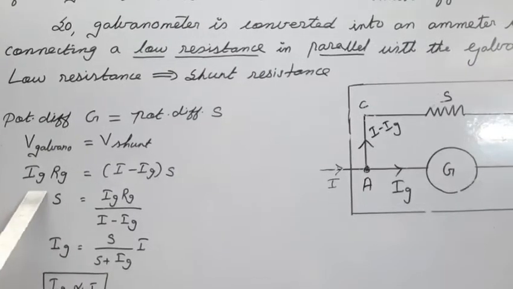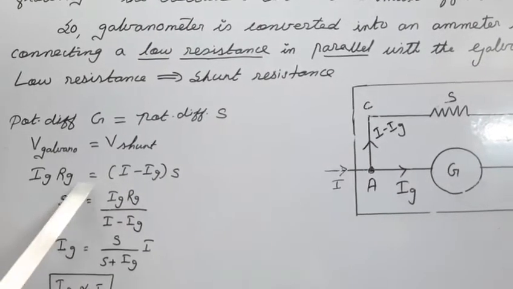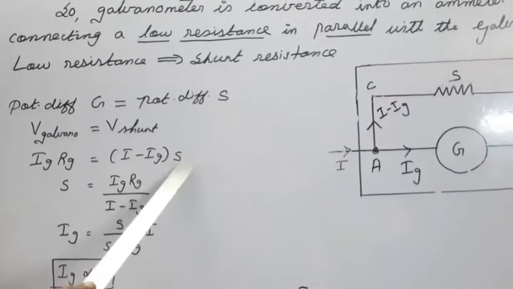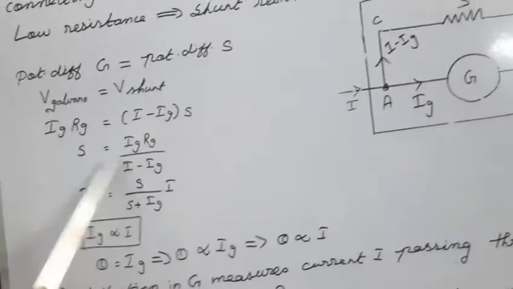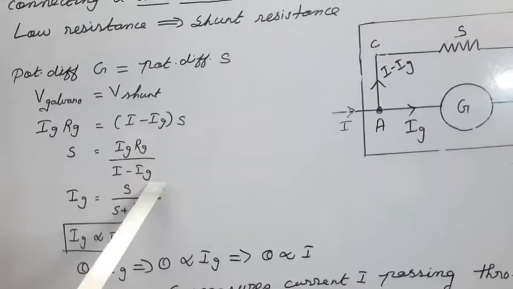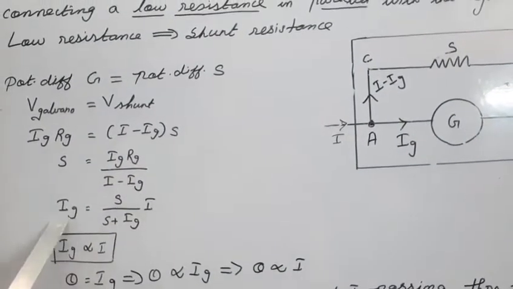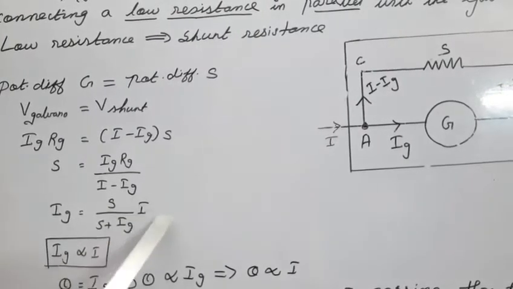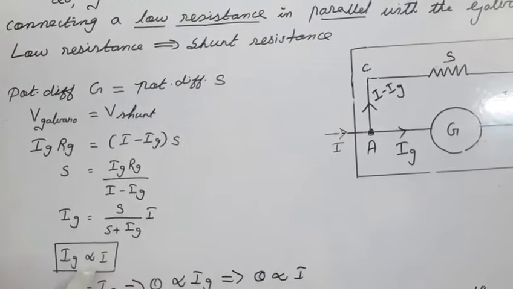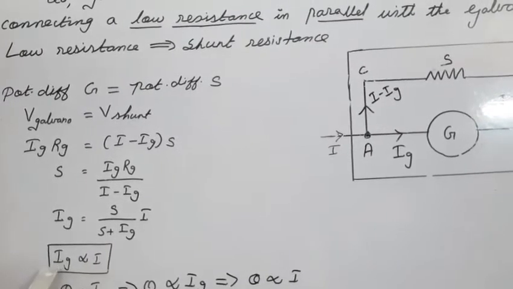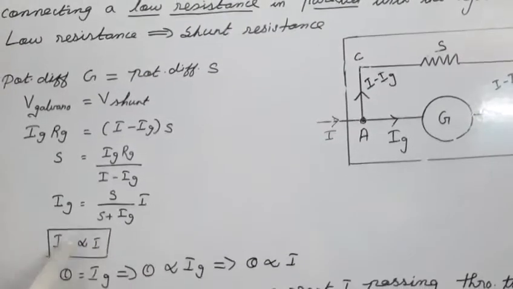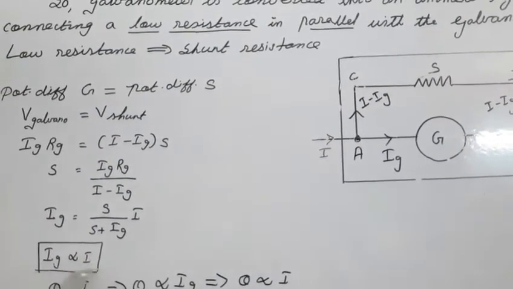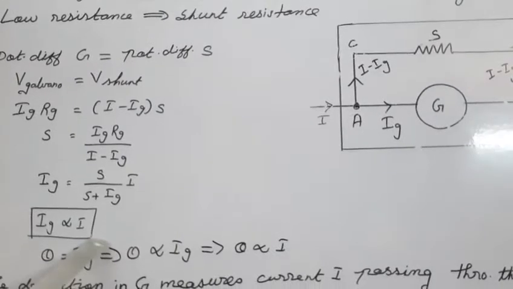Therefore, V galvanometer is IgRg, which is equal to (I minus Ig) into S. So, we can calculate S equals IgRg divided by (I minus Ig), or Ig equals S by (S plus Rg) into I, so Ig is directly proportional to I. So the deflection in the galvanometer is directly proportional to the current passing through it.